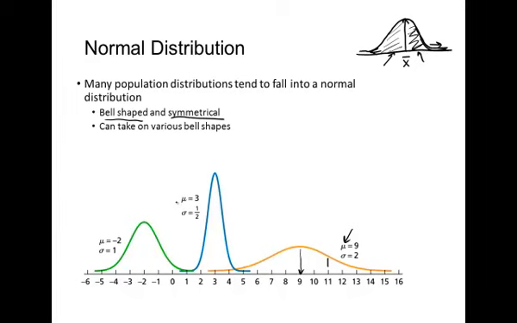So if I add 2 to 9, this data falls within 1 standard deviation above the mean. This data falls within 1 standard deviation below. This would be another standard deviation above, so 13 is 2 standard deviations above the mean. 5 is 2 standard deviations below the mean, and so on.